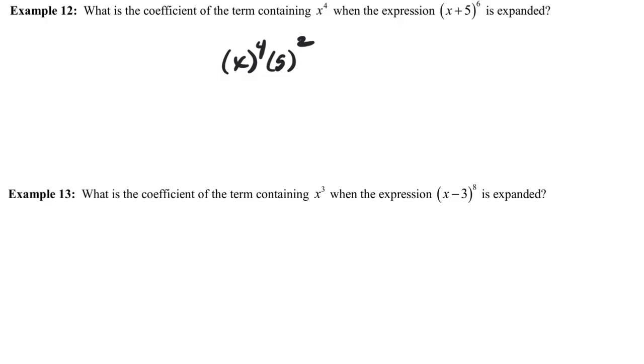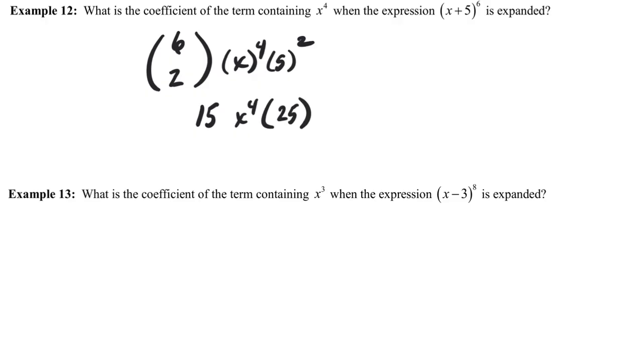And if you remember this guy right here, the bottom number is the exponent that goes with the second term, and the top number is the degree of the whole thing, which is 6. So I can take my calculator and do 6 combination 2 and come up with that number, and that would be 15. The x to the fourth is just x to the fourth, and the 5 squared is 25.